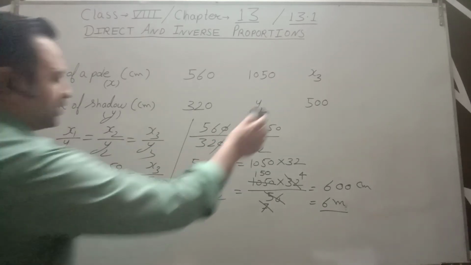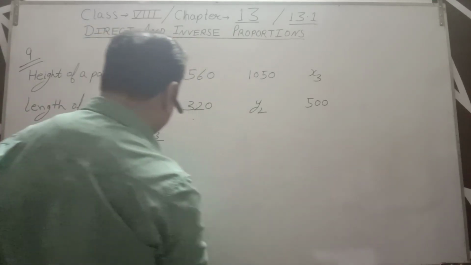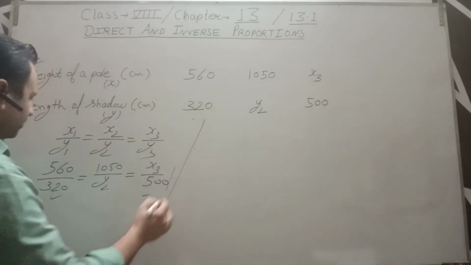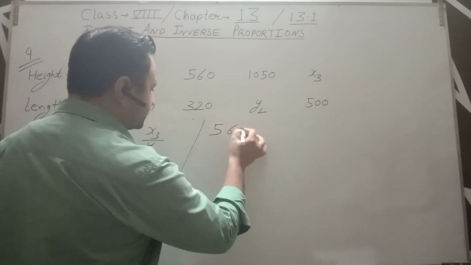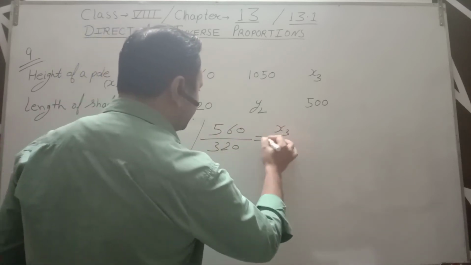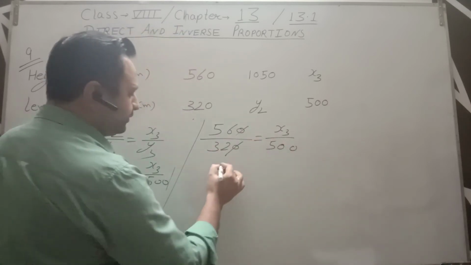Now we have to calculate x3, and to find the value of x3 we use the first and last fraction. Just note down 560 upon 320 is equal to x3 upon 500. Zero and zero cancel out.